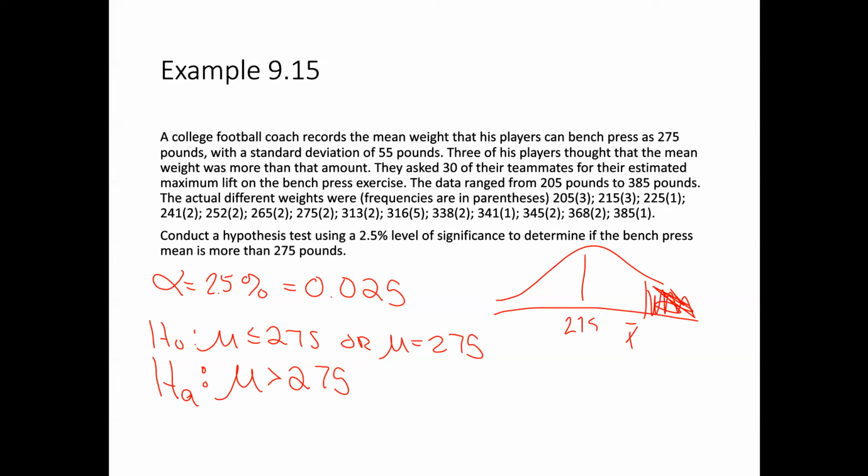So one variable statistics, my list I put in L1, and my frequency I put in L2. So I need to tell my calculator that the frequency is in L2. That's the number of times we got that weight bench pressed. So then we're going to calculate.